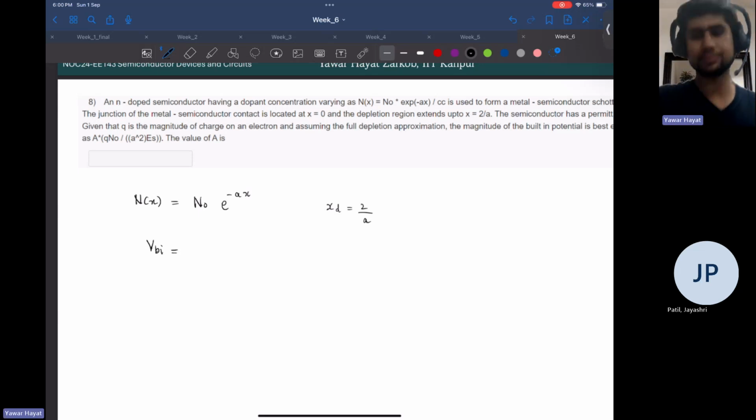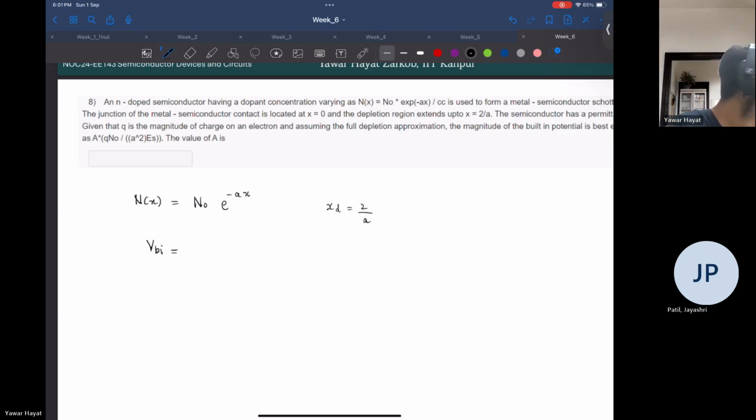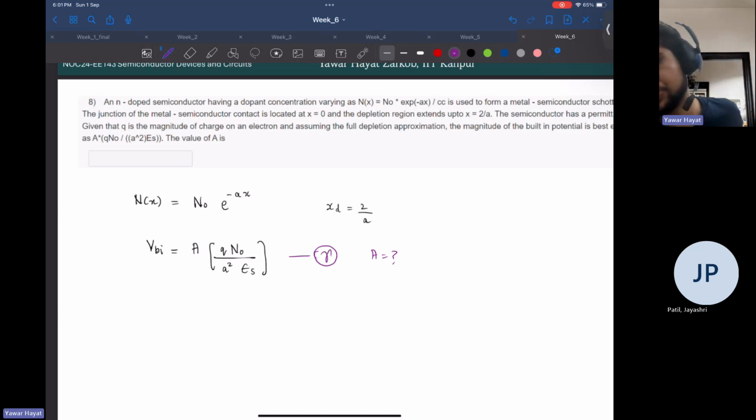Your VBI is equal to a qn0 whole divided by a square epsilon s, right? And this is what you need to find, right? What is a? Let me mark this equation as gamma. We'll consider this equation a little later.